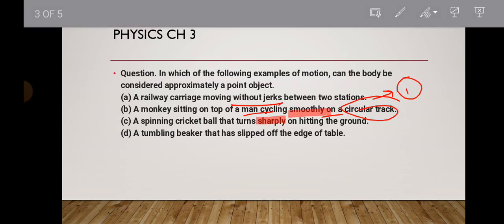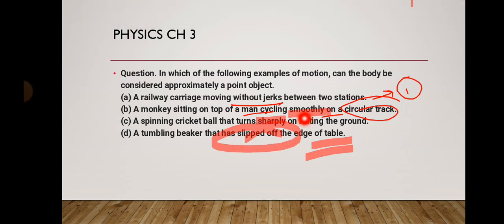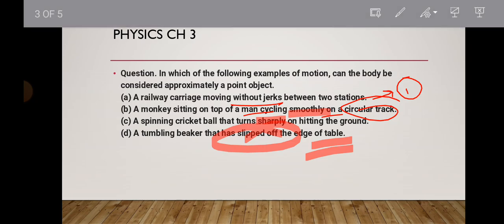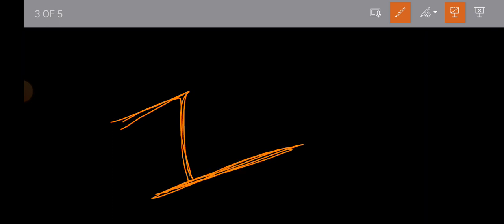Next, a tumbling beaker that has slipped off the edge of the table. The path is smooth, so it satisfies the first condition. But say this is the table, this is the edge of the table, and this is the ground, and this is the jar.